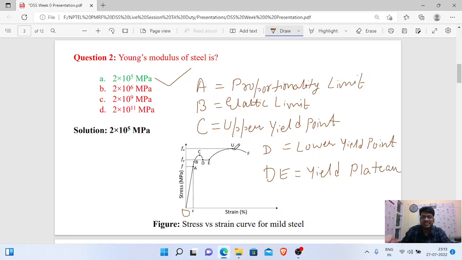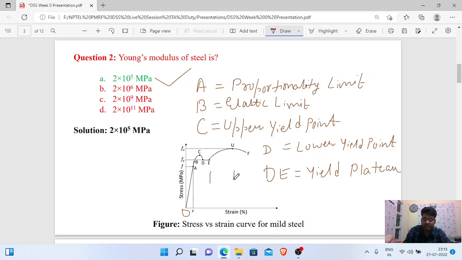Now after E there is a point U. So corresponding to U, we get ultimate stress. So point U is the point for ultimate stress, and F denotes the fracture. So from E to U, there is strain hardening. So let me draw here.